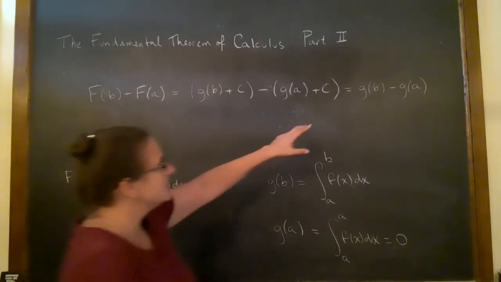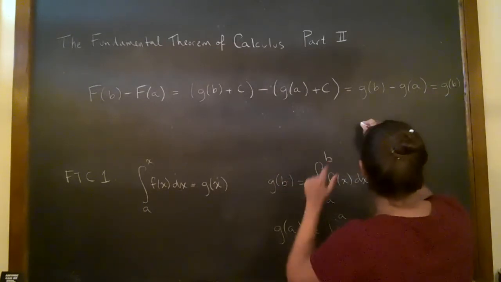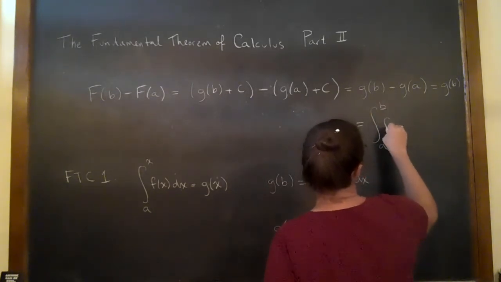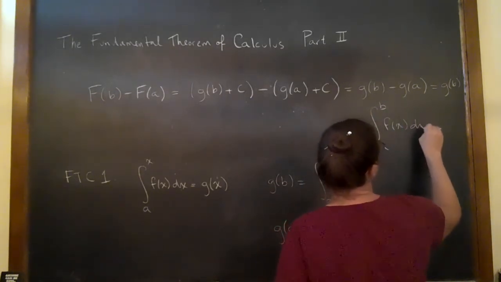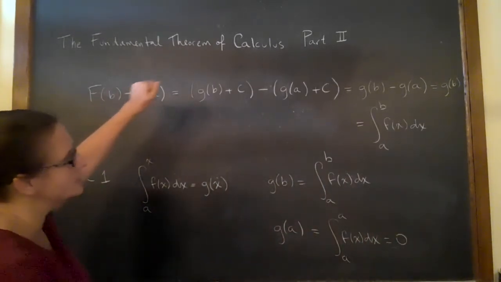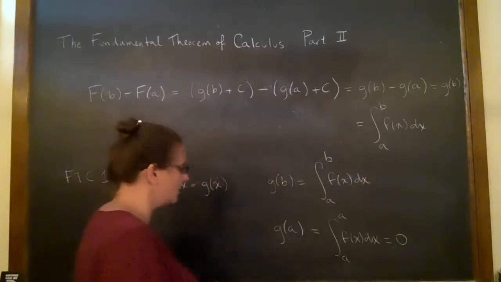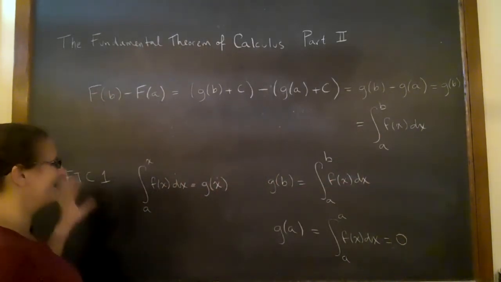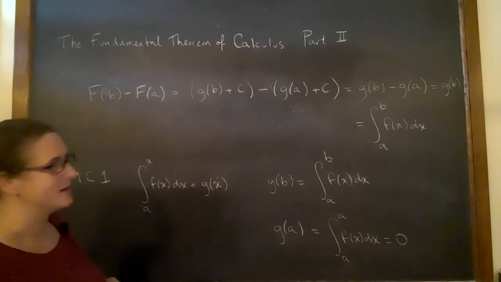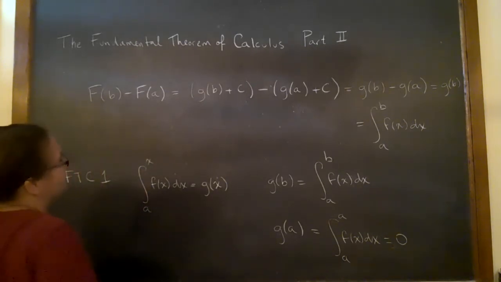So this is just g of b, and g of b is this guy right here, and that's exactly what we were finding. So we just went from the left-hand side to the right-hand side. Okay? That was pretty straightforward because we had already done the hard work of proving the fundamental theorem of calculus part 1. So all this is just putting it in a slightly different form.